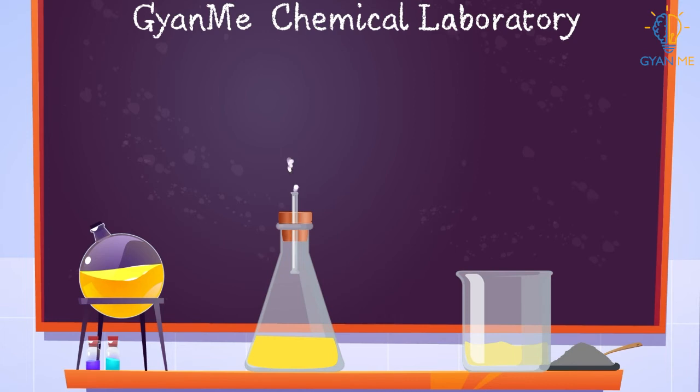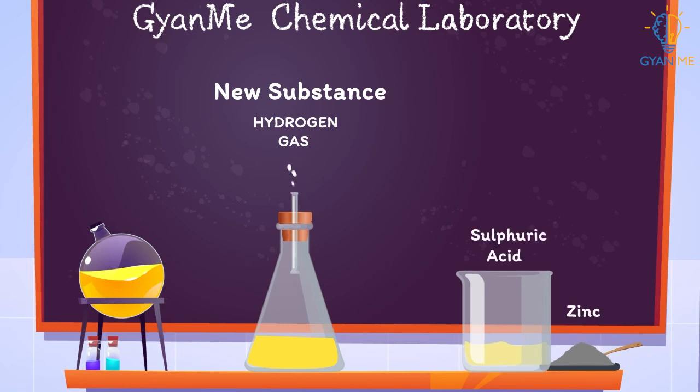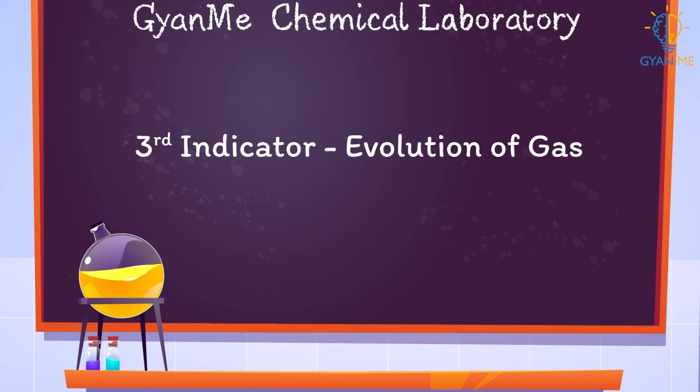This is hydrogen gas. And how did we know? There is one characteristic of hydrogen gas. When we take burning matchstick near this conical flask, it will extinguish with pop sound. This pop sound is the characteristic feature of hydrogen gas. This means we got here a new substance, that is hydrogen gas, and its properties are also different. So with this, we got our third indicator, that is evolution of gas.